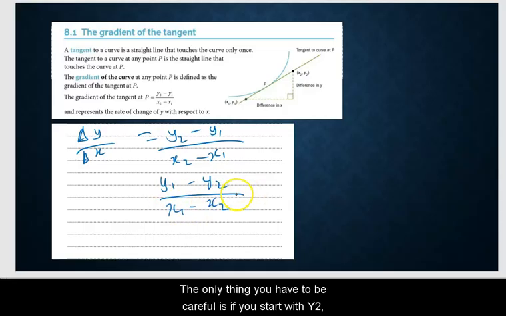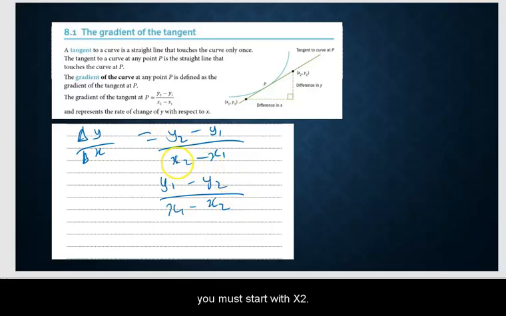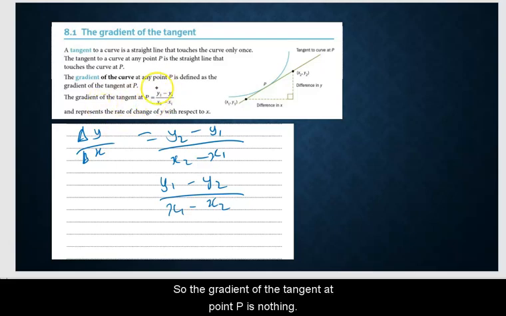The only thing you have to be careful about is if you start with y2, you must start with x2. If you start with y1, you must start with x1. So this is the tangent at point P. So the gradient of the tangent at point P is nothing but taking the differences in y and the differences in x.